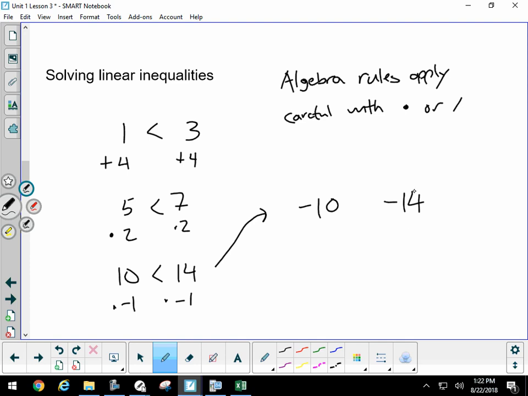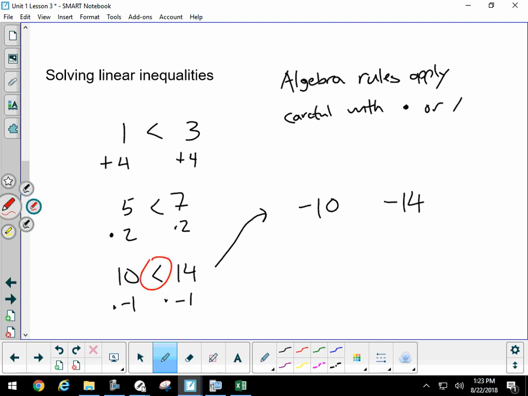Well, in terms of the quantity, if we looked at the absolute value or the distance from 0, 14 is bigger than 10. But in terms of less than and greater than, once you get into the negative numbers, things change. The greater the negative number, the less the value is. The further away from 0, the lesser the value is.